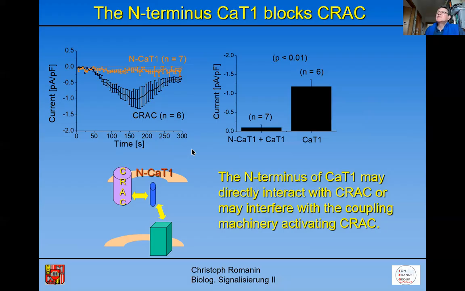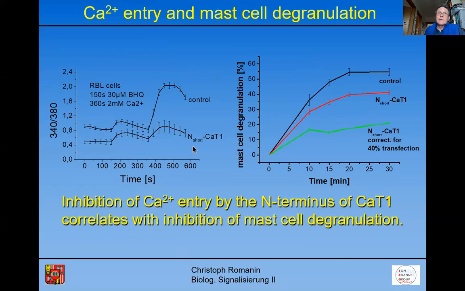So we also tested this in terms of calcium imaging, just to present you another assay, because also in these cells you can nicely do calcium imaging. We have heard of this. This is with FURA2, which is a ratiometric dye.